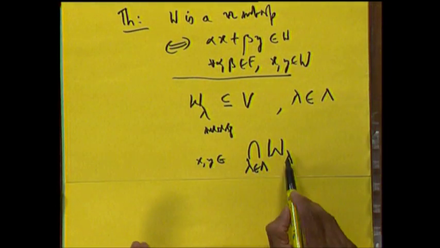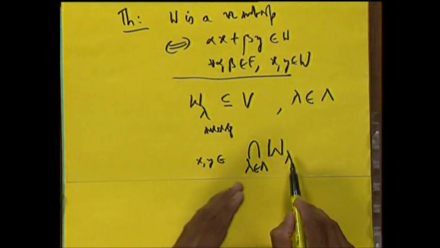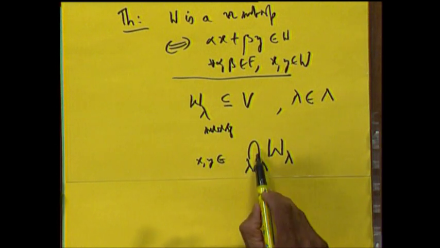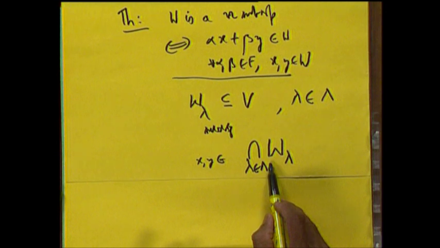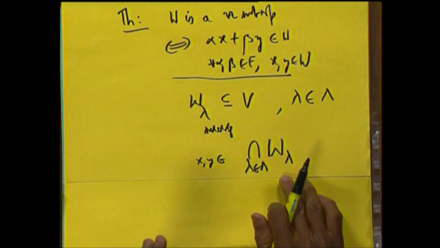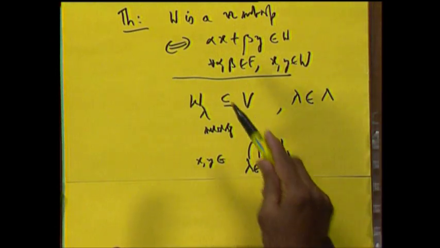W lambda is a vector space, therefore alpha x plus beta y belongs to W lambda, and this happens for each and every lambda, therefore alpha x plus beta y belongs to this intersection. Thus this intersection becomes a vector subspace of V.